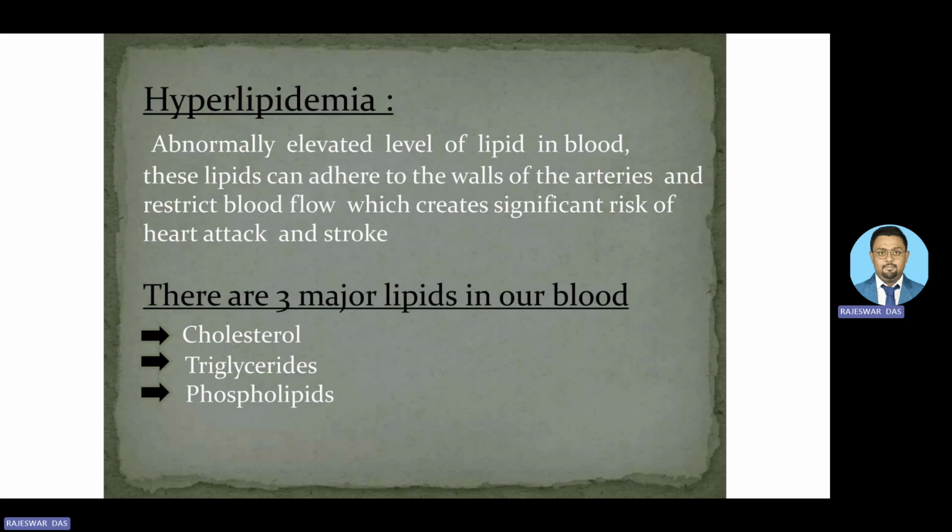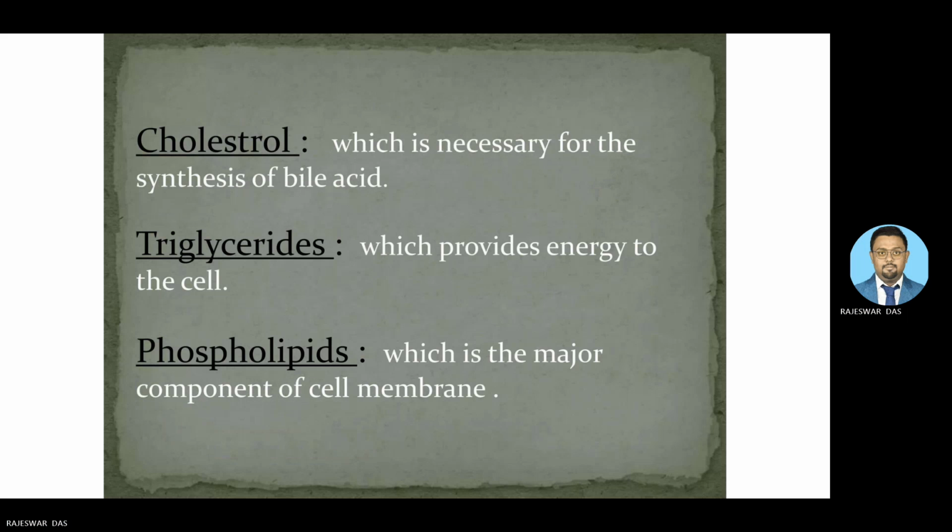Lipids are of three types in our blood: cholesterol, triglyceride, and phospholipid. Cholesterol is necessary for the synthesis of bile, triglyceride provides energy to the cell, and phospholipid is a major component of the cell membrane.